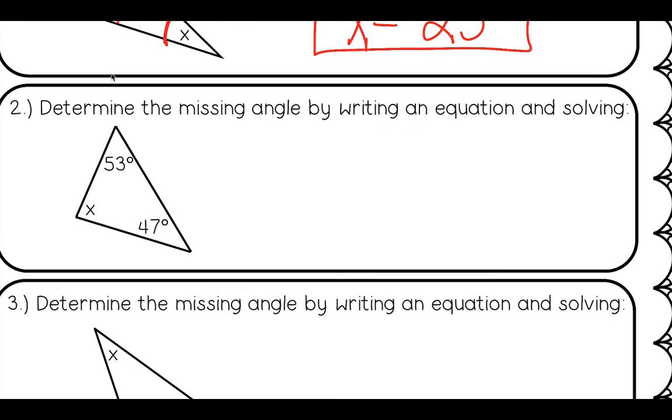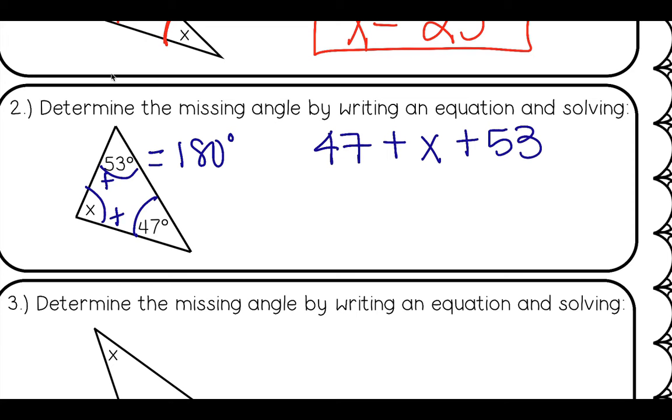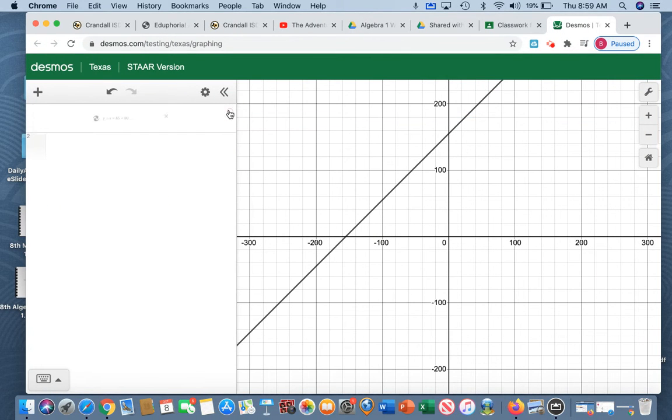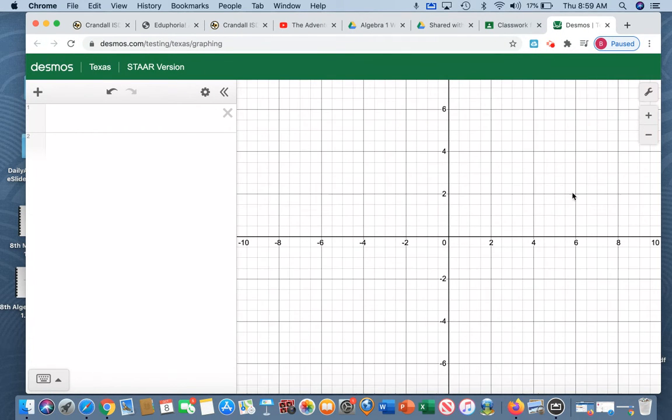Okay, next, again, angle 1 plus angle 2 plus angle 3 equals 180. Angle 1 is 47 plus x plus 53 equals 180. Okay, Desmos it. When you see this on STAAR, you should get really happy because this is super easy, right?